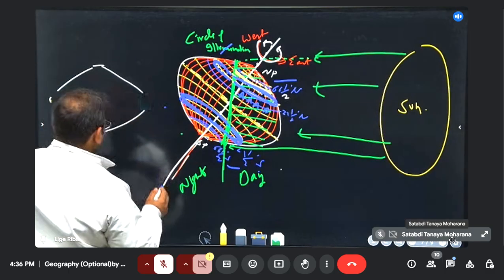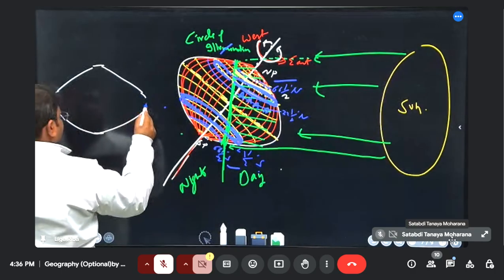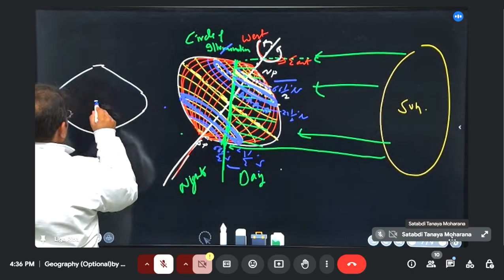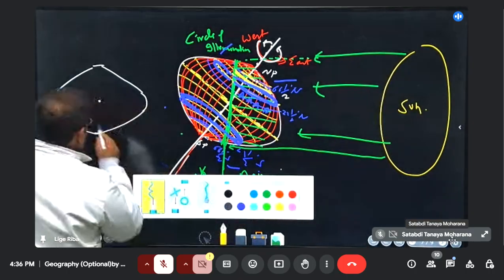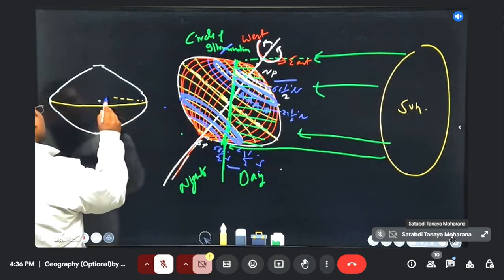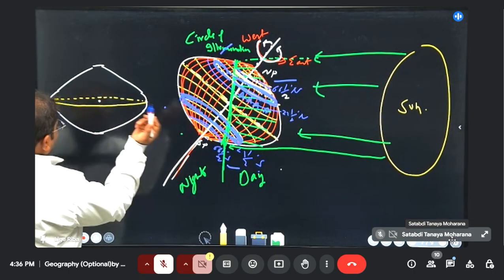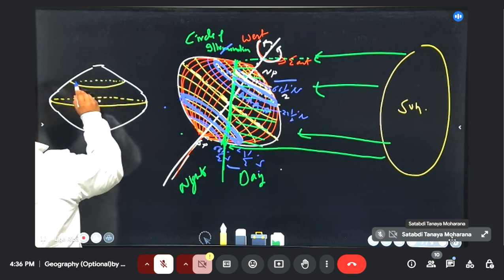So see, this is the equator, this is the center of the earth. Make the Tropic of Cancer, dotted means from the backward side.